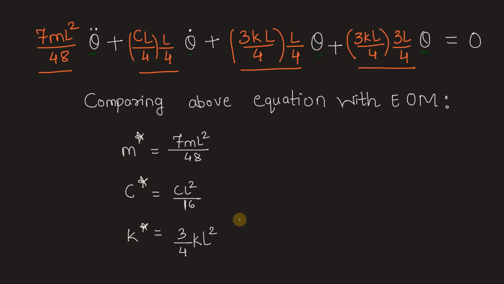Now further, we are being given that the system is critically damped, and for that system we have to find out C upon under root Km. They have not asked to find out C star upon root K star M star. This value is completely different from the value that they have asked us to find out. So find out C upon under root Km.